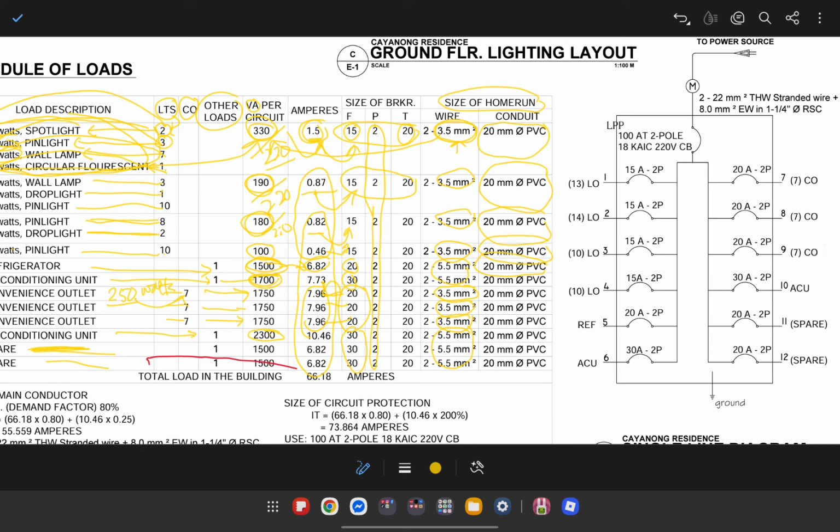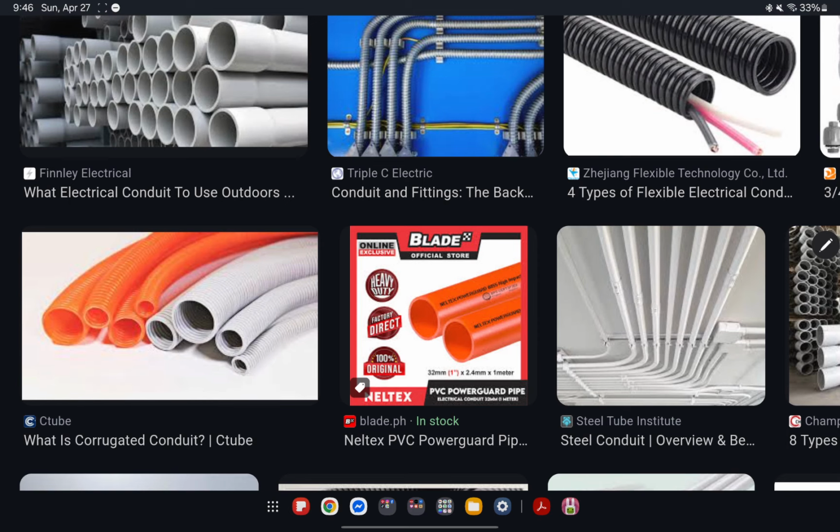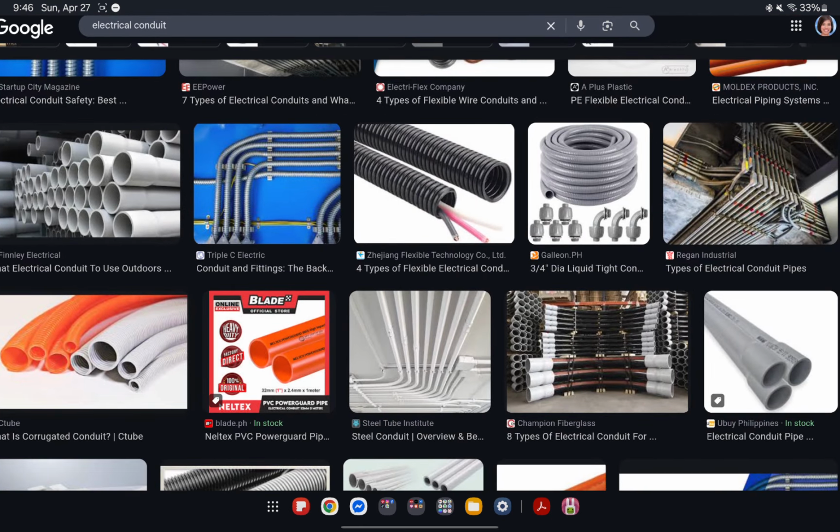So you can fit the 5.5 and the 3.5 wires onto the 20 mm diameter PVC. These are the ones we commonly use, the orange ones you see planted on the walls, or sometimes for big scale construction they usually have the metal ones.